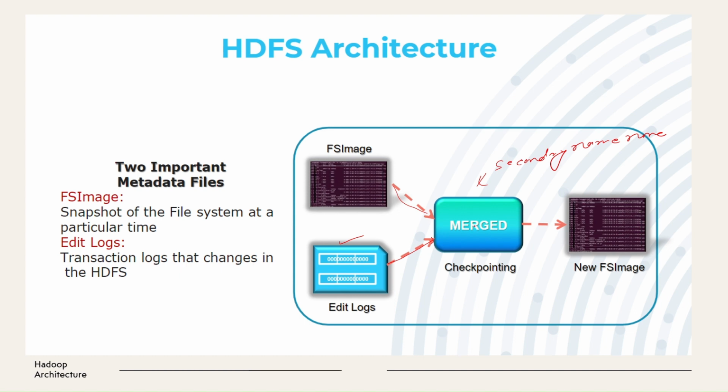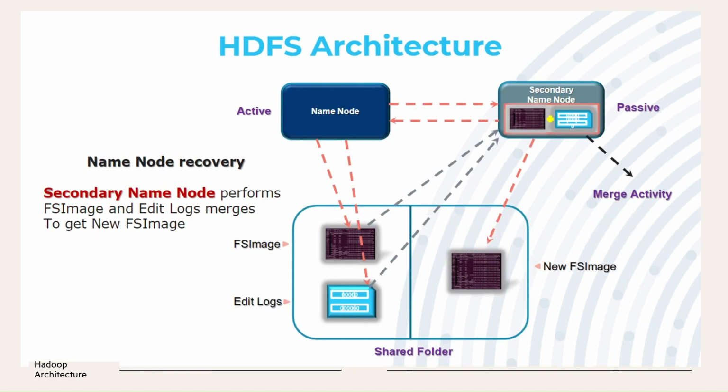It will merge both files, the FS image and the edit logs, and create another new FS image. This is the work of the secondary name node. If it is not active, it is doing these things, like creating logs and creating a snapshot.